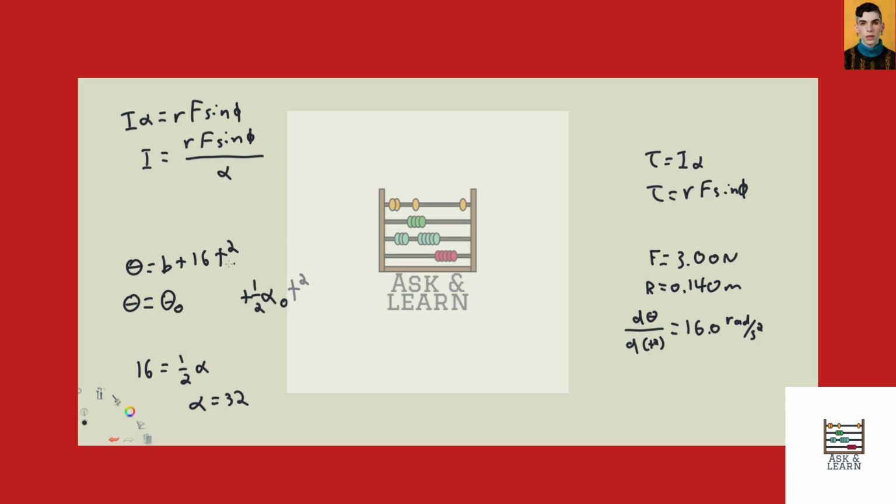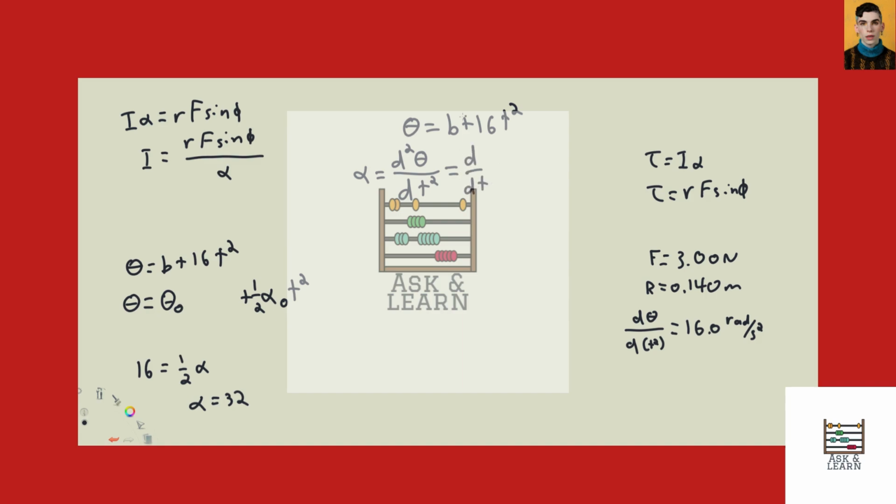So once again, we know that this is what the equation is going to look like. Theta equals b plus 16t squared. And we know that alpha is equal to the second derivative of theta with respect to time. So all we need to do is take the second derivative of this, take the first derivative first.